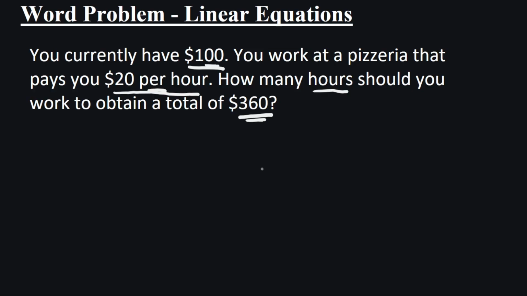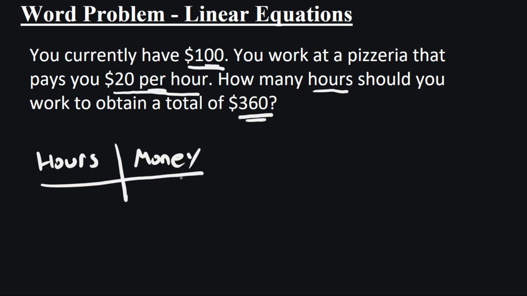So first, let's have our hours here and our money here. Let's say hypothetically, we worked 0 hours. If we worked 0 hours, how much money would we have?